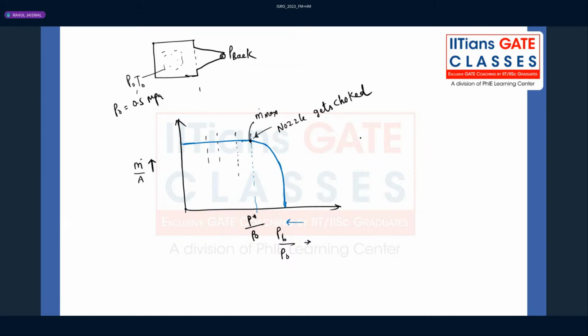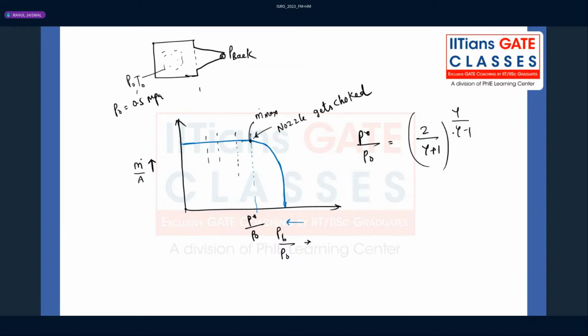Let's calculate what P star divided by P naught is. The formula is P star by P naught equals (2 divided by gamma plus 1) raised to gamma divided by gamma minus 1.